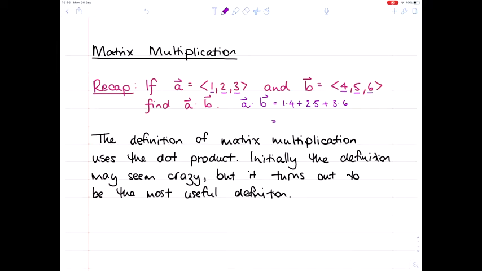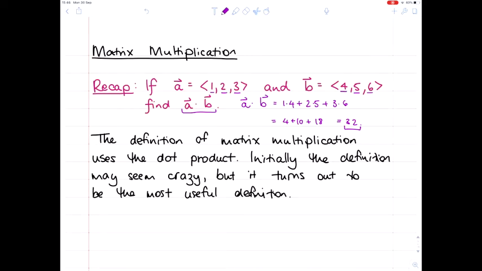So if we add this all up, we've got 4 plus 10 plus 18, and that gives us 32. So the important thing to note here is that if you have two vectors and you take the dot product, then you end up with one number.